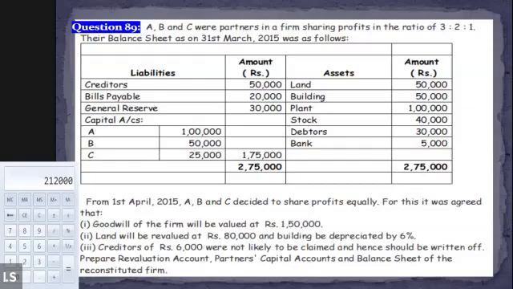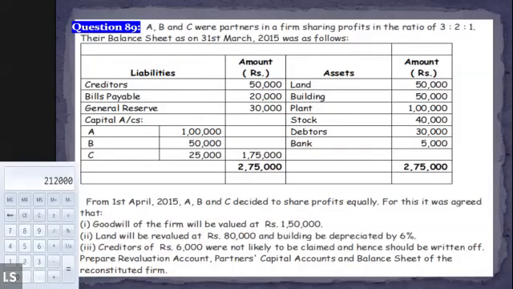Could you just tell me whether the balance sheet is tallied or not? Sir, I didn't do the balance sheet. Okay, so let me show you how to do that. I'm not sure whether my balance sheet will tally or not. I don't know whether I have made a mistake somewhere else also. Let me check. It will be 1,56,000 only.